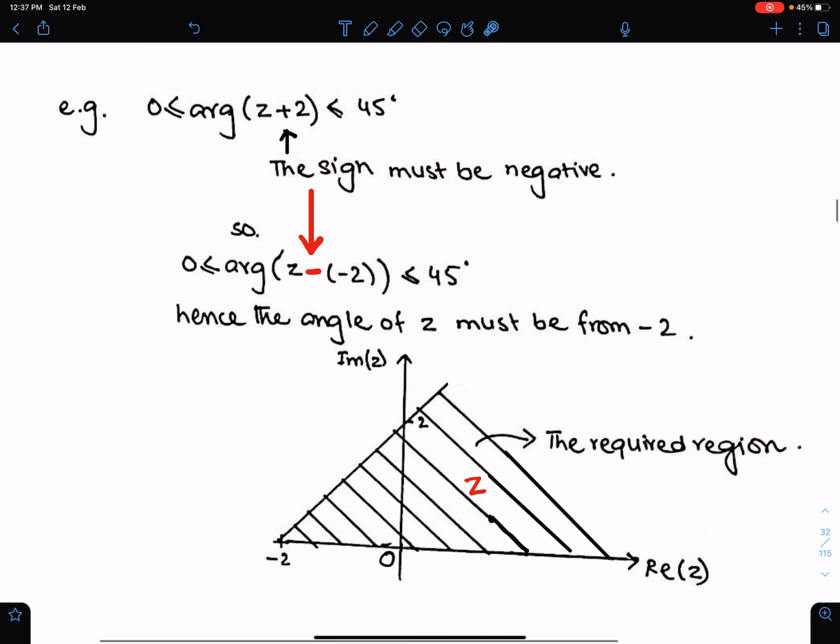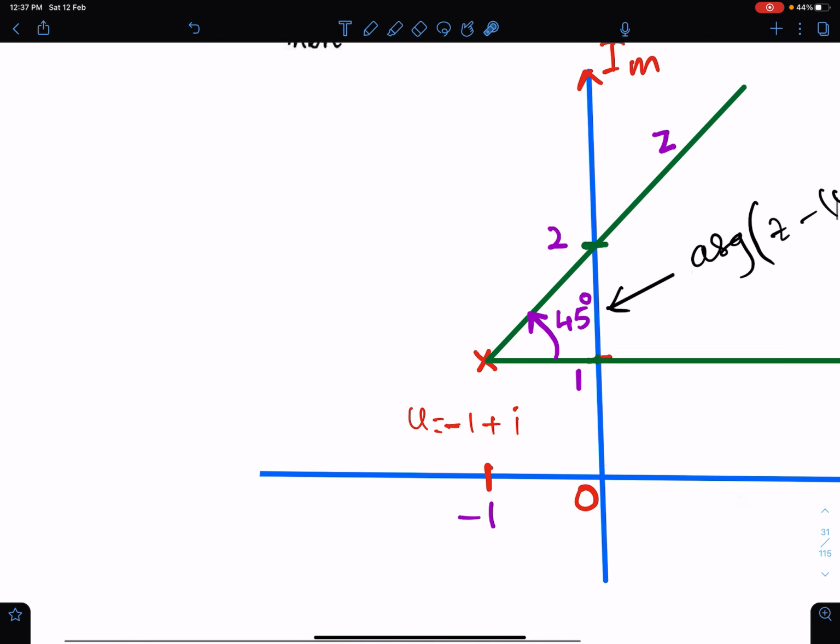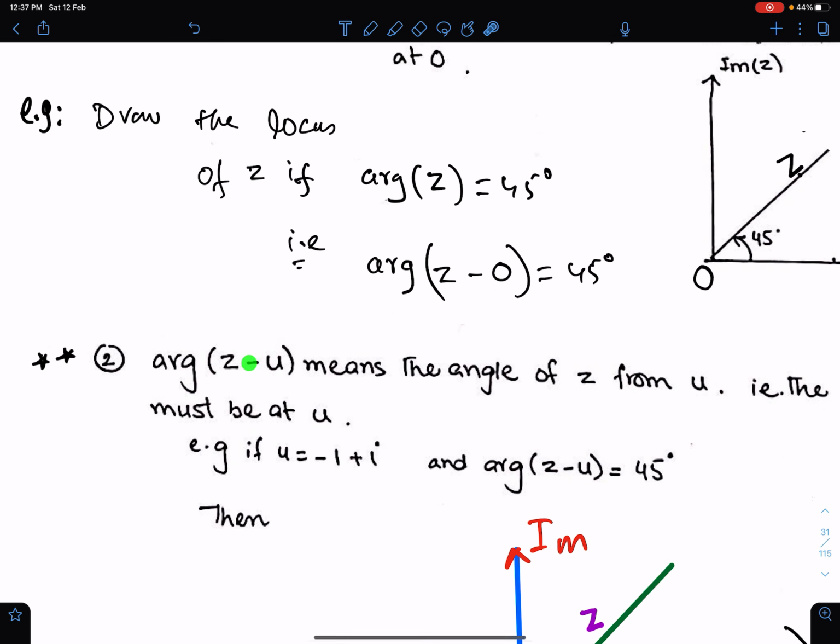Another example. To shade the region where this z lies, we have to understand this thing. This means argument of z from minus 2, because we must have negative sign here. The sign must be negative between z and u.